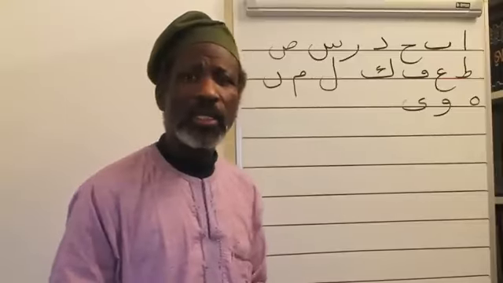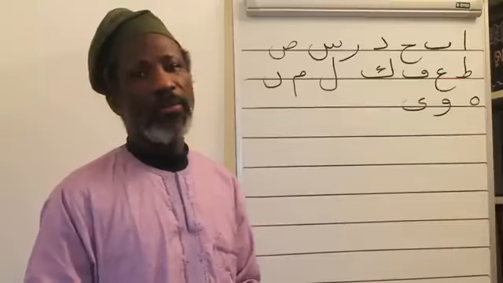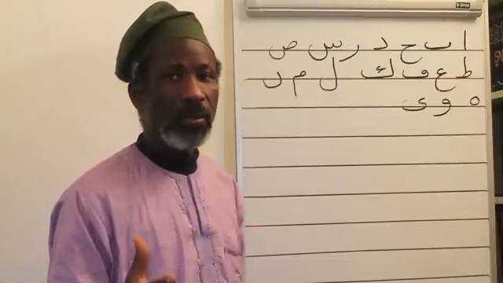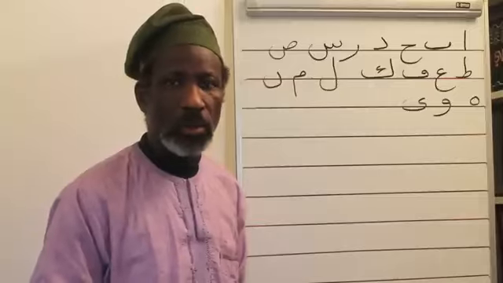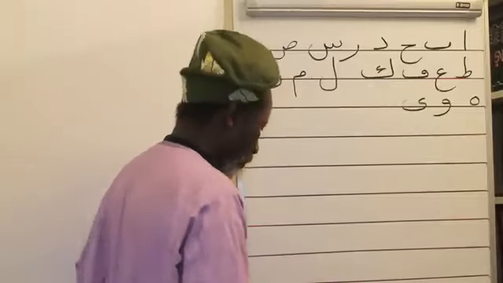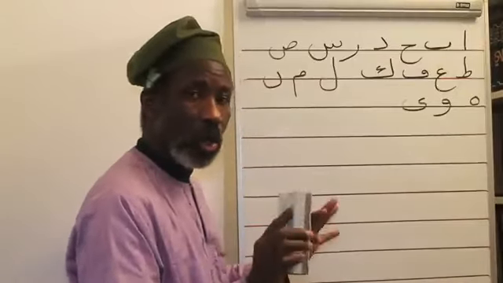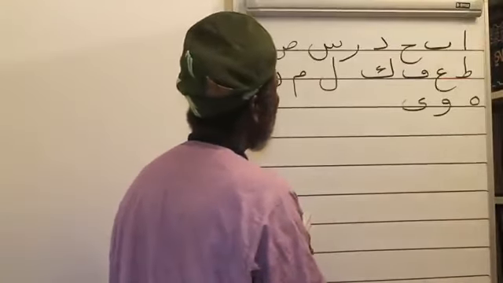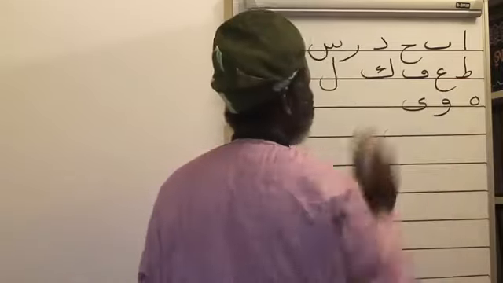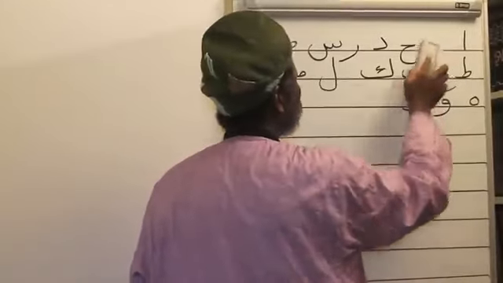Next, let's look at another area of the alphabet. Of the 28 letters, how many have no dots at all? Let's have a look. Okay, another analysis. So I'm going to remove this and then we look at those with no dots. Among these, alif has no dot; ba, ta and tha have dots.